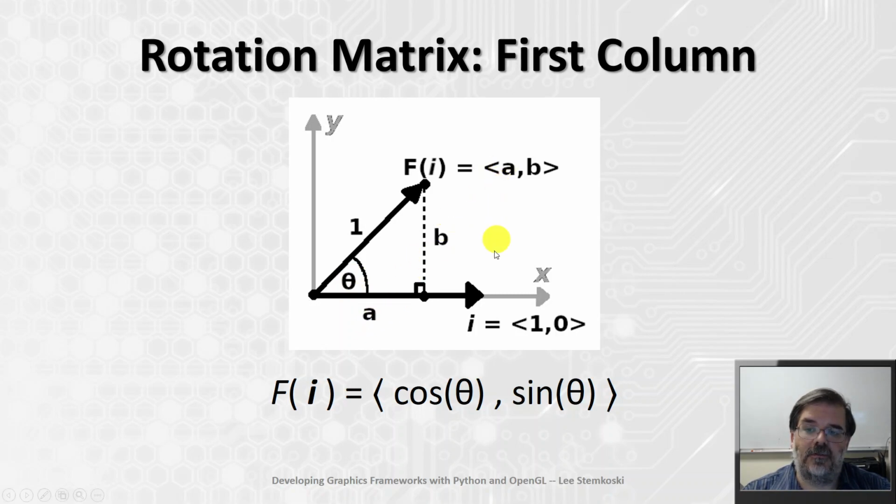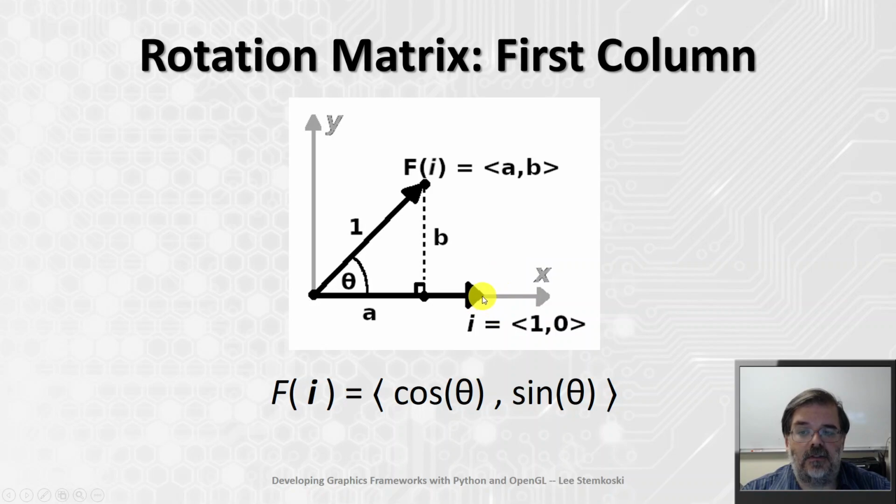And that gives us the first component of our vector. Similarly, we recall that sine of theta is equal to the opposite length divided by the hypotenuse. So sine theta is equal to b divided by 1. b divided by 1 is b. So sine theta equals b, and that gives us the second component of our vector.